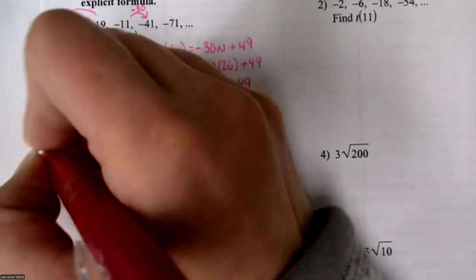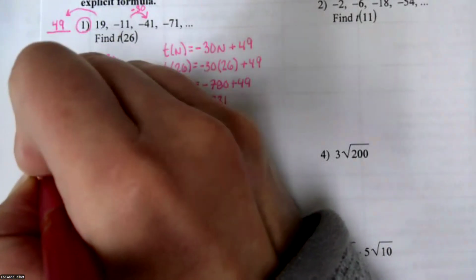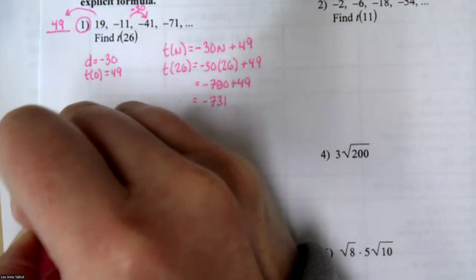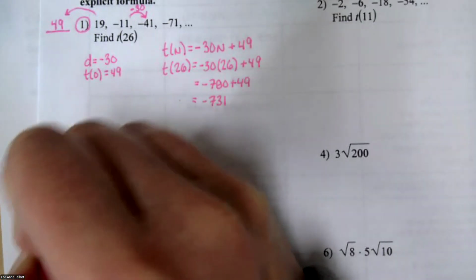Okay, 216. I'm going to say 4, 9, 16, 25, 36, 49, 64.